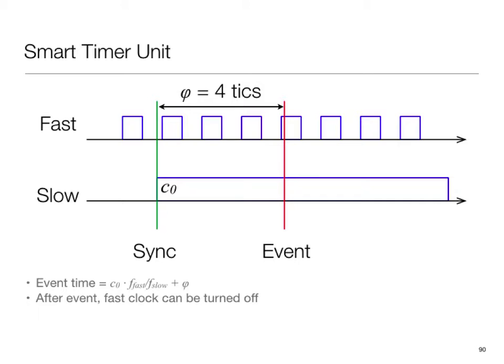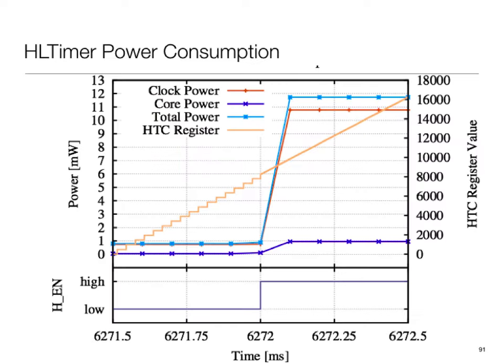Then if you are waking up at a designated time, like in a time division multiplex type system, just prior to the slow clock indicating the time, you wake up the fast system, because the slow clock is extremely coarse. So your wake up time may not be precise if you were to be on the slow clock only.